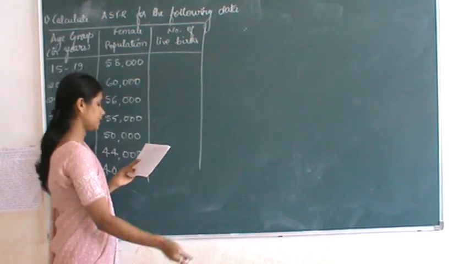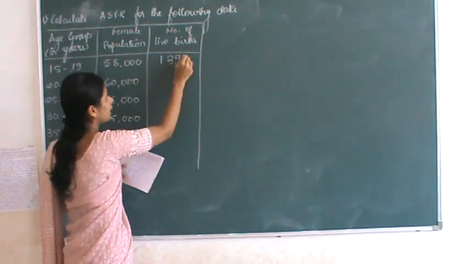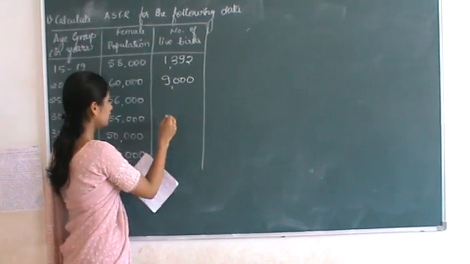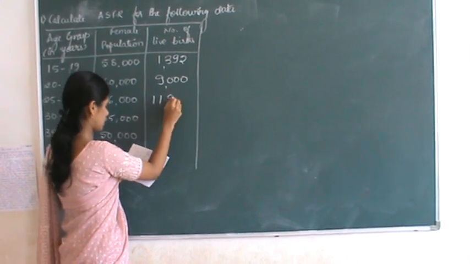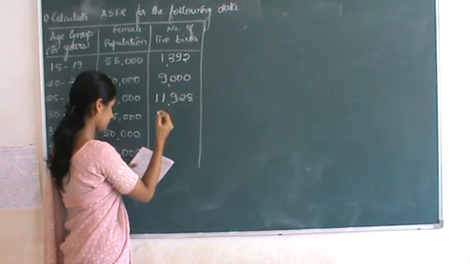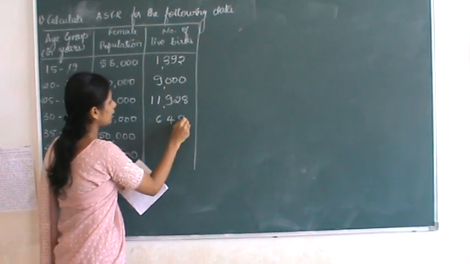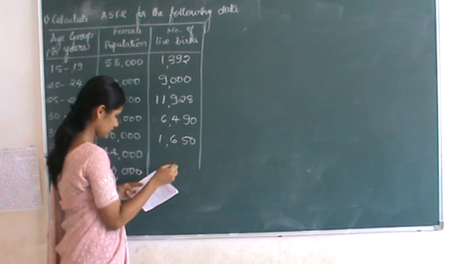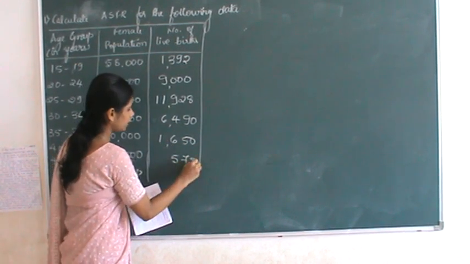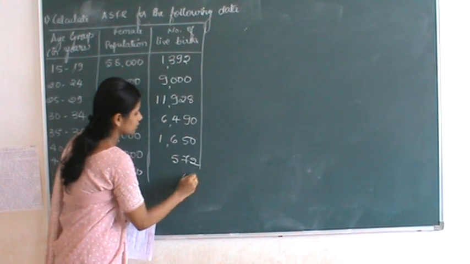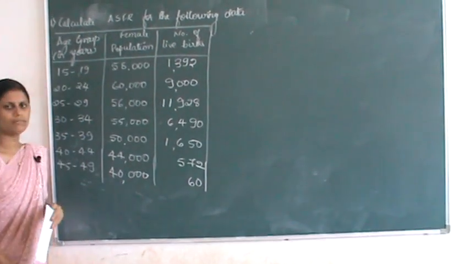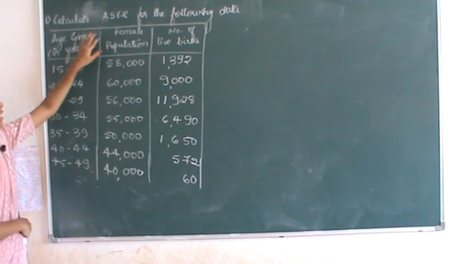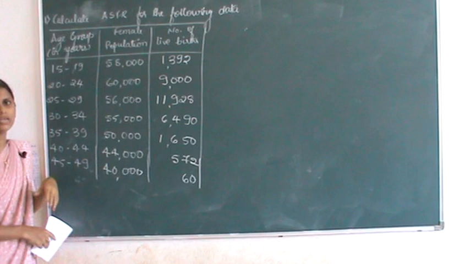Next, number of live births given is 1,392, 9,000, 11,928, 6,490, then 1,650, 572, and lastly 60. This is the information given, female population and number of live births is given, and we are asked to calculate age specific fertility rate.